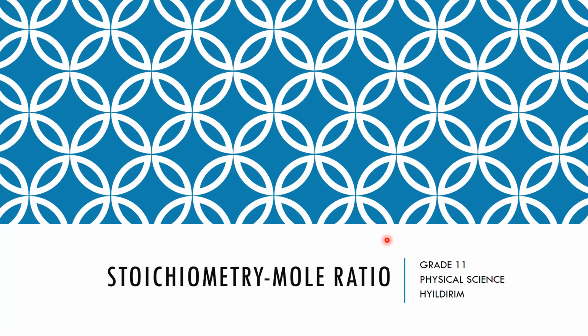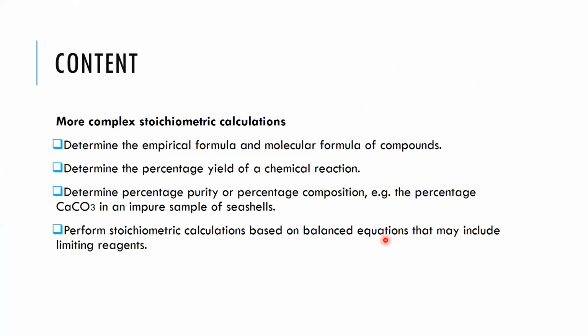First of all, I'm going to talk about some basics, and after that, how we use mole ratio when we do chemical calculations, and then some specific examples as indicated in the examination guideline and the CAPS document.